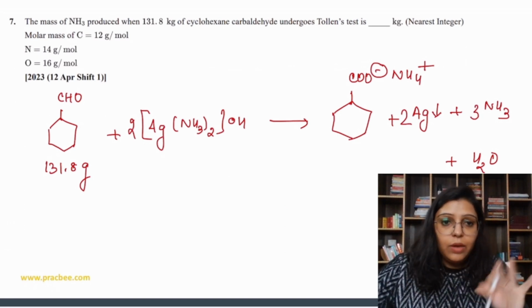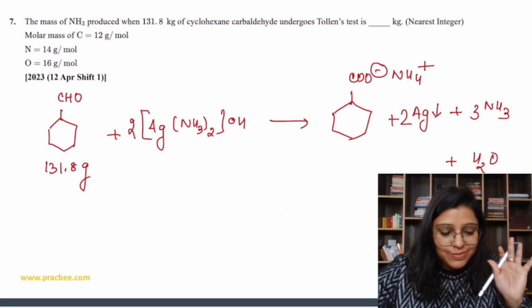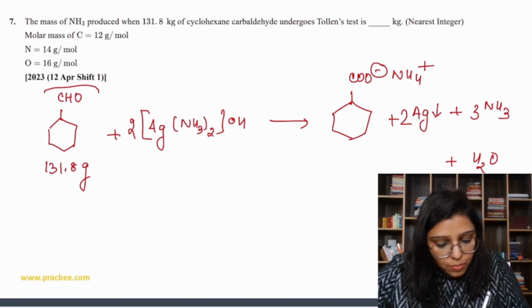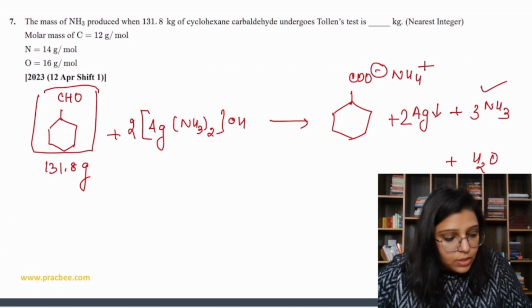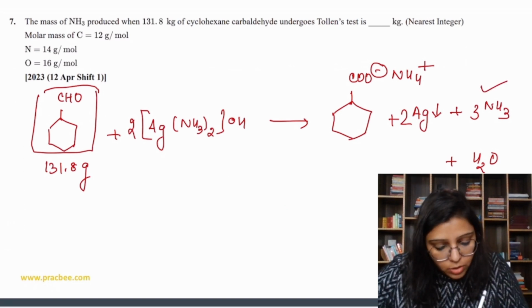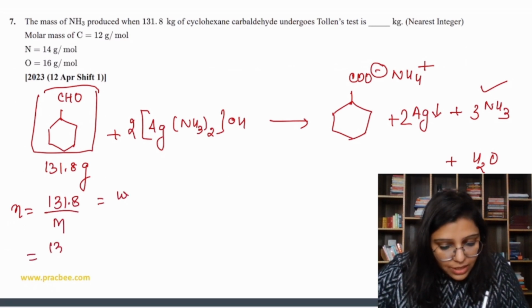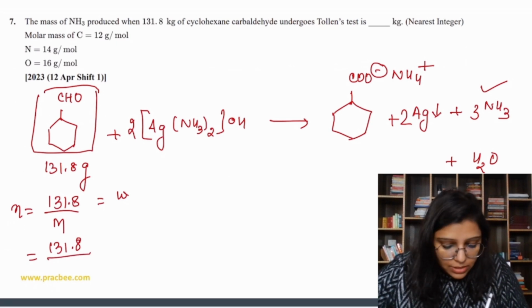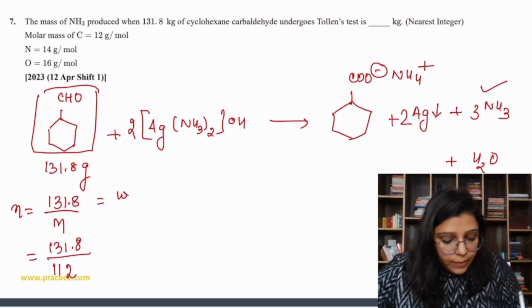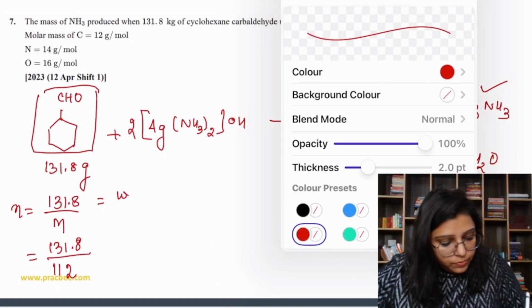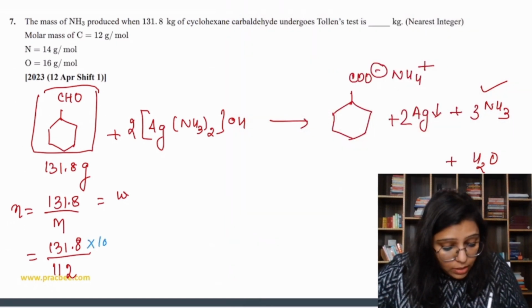Okay, now we have a mole concept question, right? So 1 mole of this gives 3 mole of ammonia. So we have to find out the number of moles. Number of moles is given mass upon molar mass. So 131.8 and molar mass is going to be 112. But it is in kg, so we write 1000.